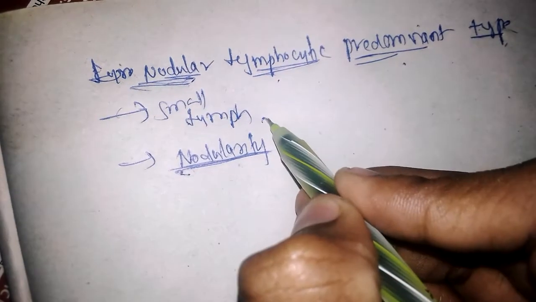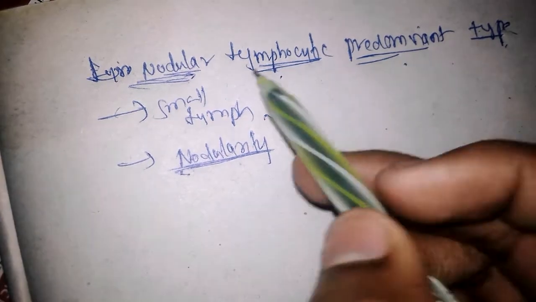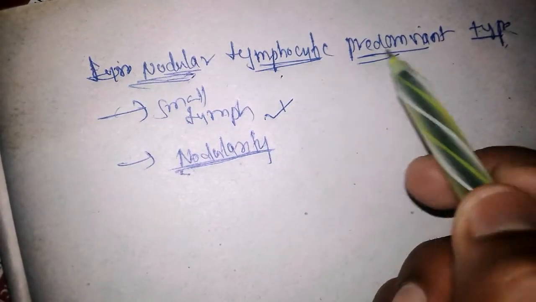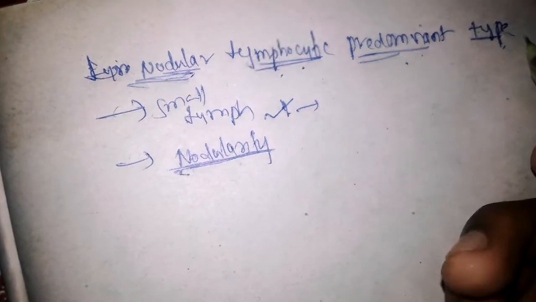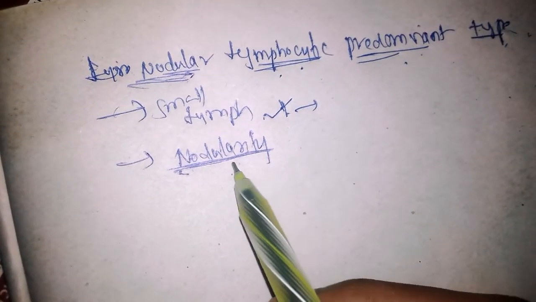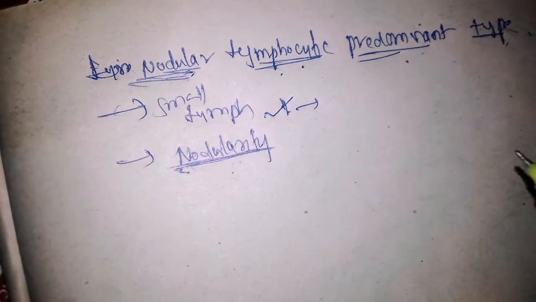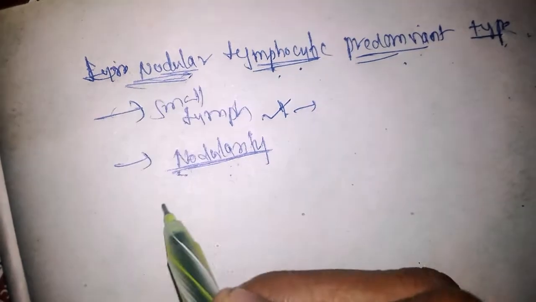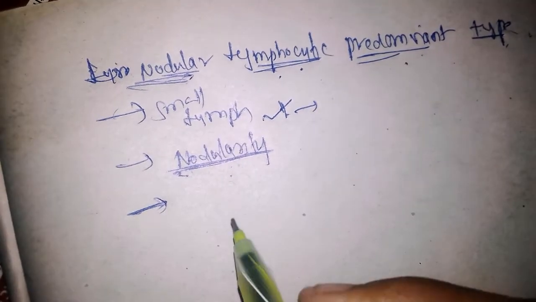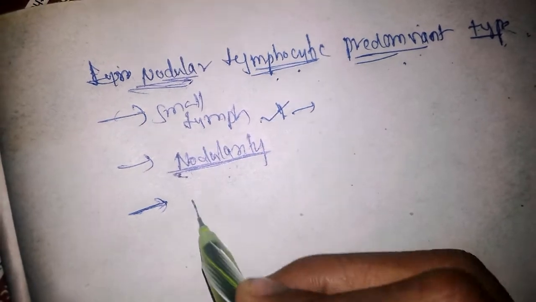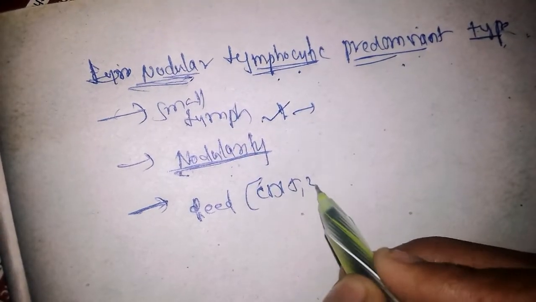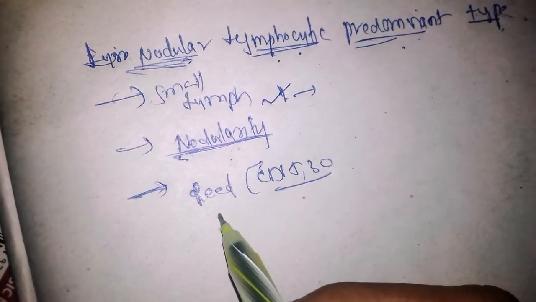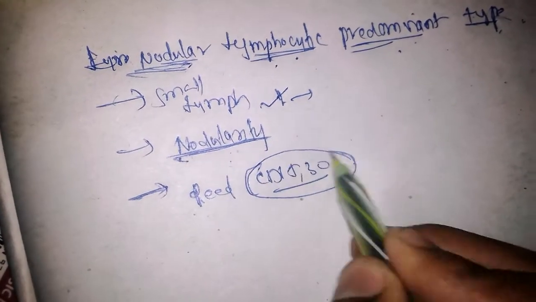These small lymphocytes resemble the lymphocyte predominant type, whereas the nodularity resembles the nodular sclerosis type. And usually in Reed-Sternberg cells the markers are CD15 and CD30, right? But in this, these usual markers are absent.